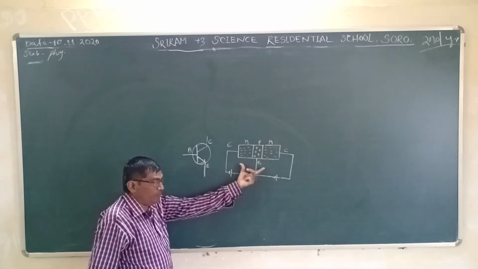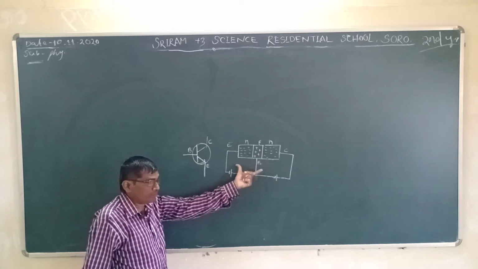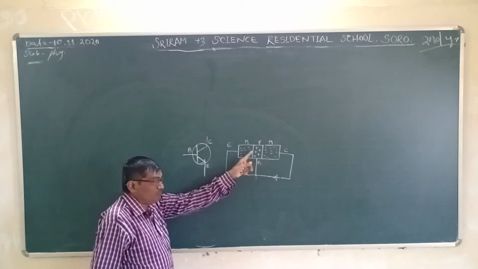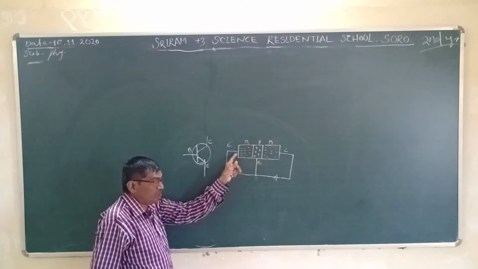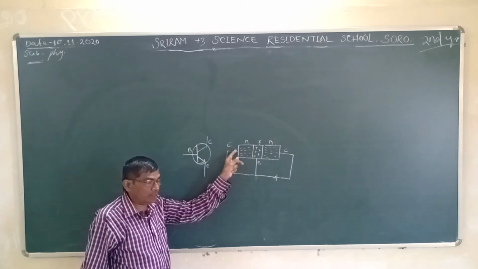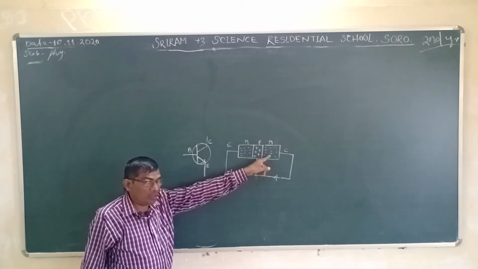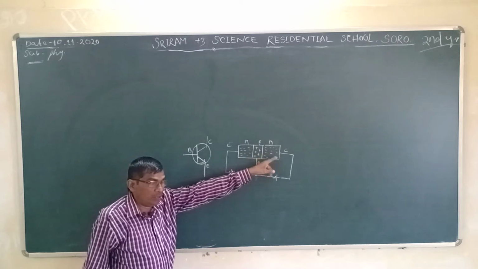The basic purpose of biasing is that the base emitter junction is properly forward biased, and the base collector junction is properly reverse biased.